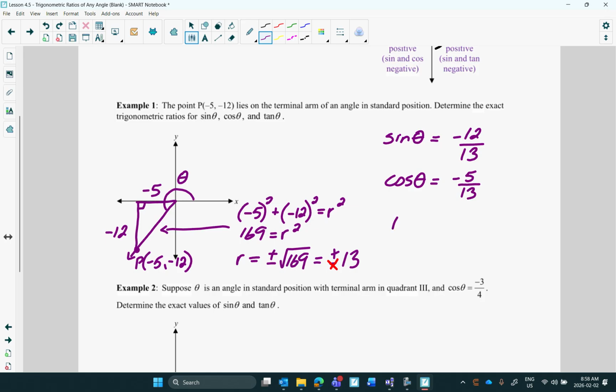And tan? -12 over -5, but we want to simplify that as much as possible, so we just leave it as 12 over 5. And that's all you have to do. We're not finding the angles just yet. You just want to get comfortable with what's positive and what's negative.